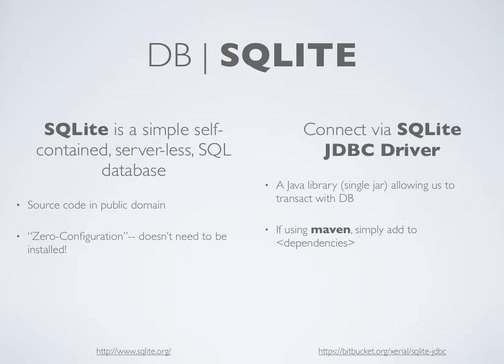You can just download some libraries, and basically that's it. Within Java, I'm using an SQLite JDBC driver. It's just a single jar library that allows us to communicate with and transact with the database. Really easy to include in your project if you're using Maven. Simply add it to the dependencies. There's more on that, I think, on their website if you want to check it out at the bottom of the slide there.